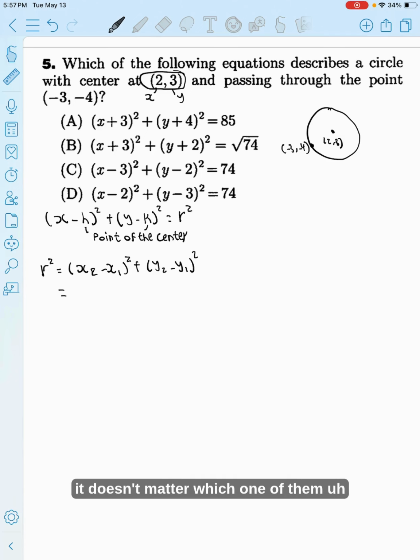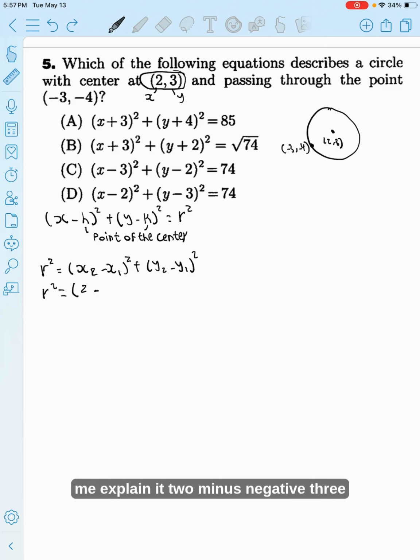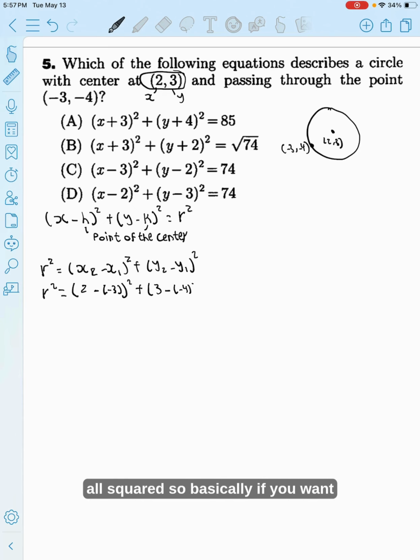Pretty much it doesn't matter which one you use, but r^2 = (2 - (-3))^2 + (3 - (-4))^2.